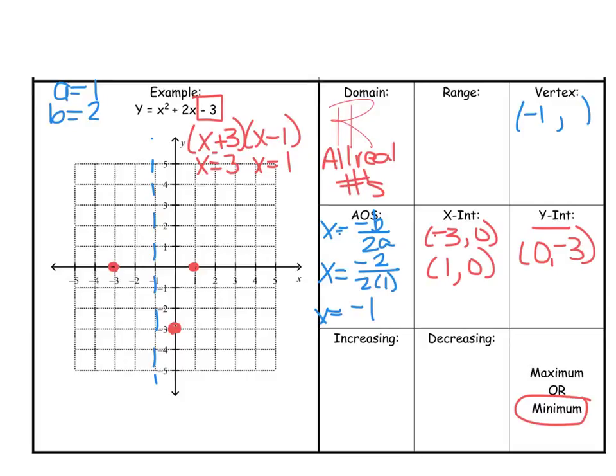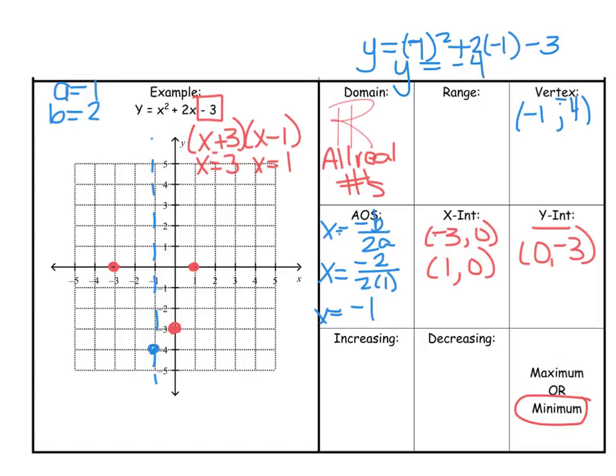To find the y value, I just take my equation, y equals x squared plus 2x minus 3, and I plug in -1. So negative 1 squared plus 2 times negative 1 minus 3, if I do that whole little happy dance, that gives us a y value of negative 4. So my vertex is negative 1, negative 4.